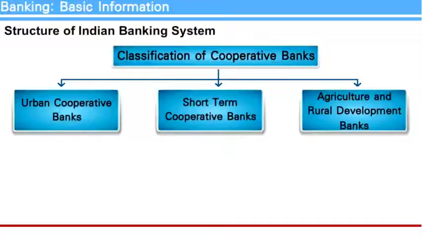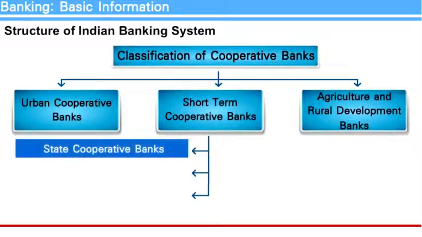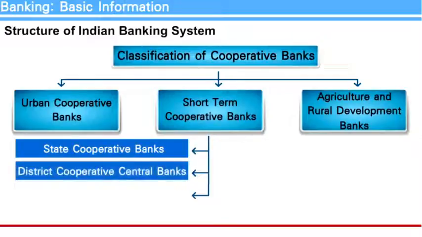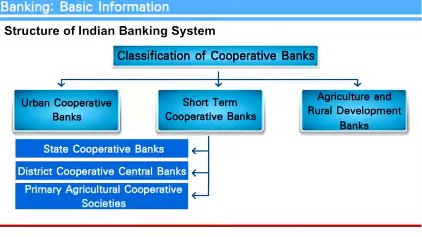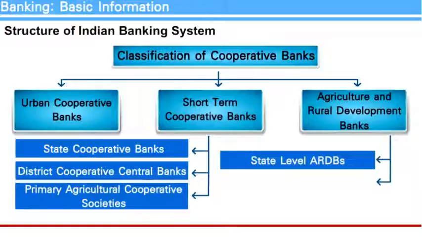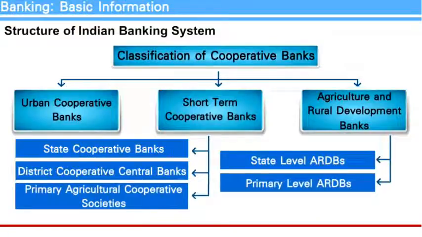So, in principle, they are not banks. Short-term cooperative banks are further classified into state cooperative banks, district cooperative central banks, and primary agricultural cooperative societies. ARDBs are further classified into the state-level ARDBs and the primary-level ARDBs.